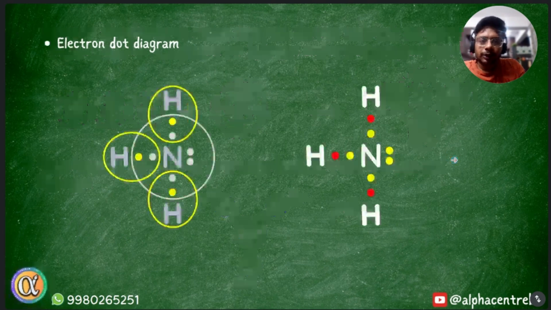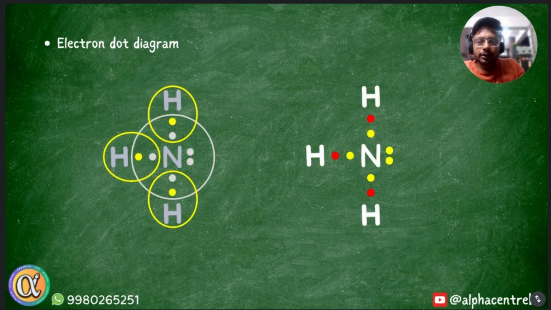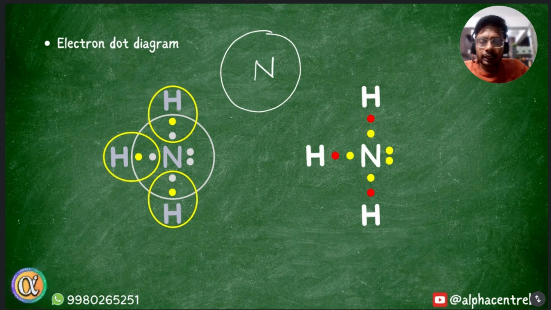So let's finally see the electron dot diagram. There are two ways you can represent the electron dot diagram, as I have told you before. With nitrogen, you can draw a circle. I can just redraw it to help you understand how it's drawn. So draw nitrogen in a circle, and it is sharing electrons with three hydrogens.